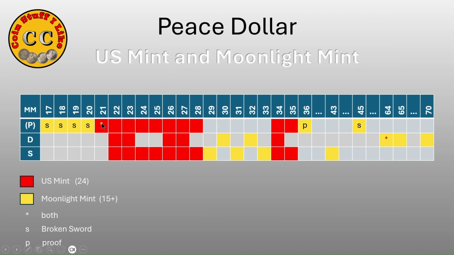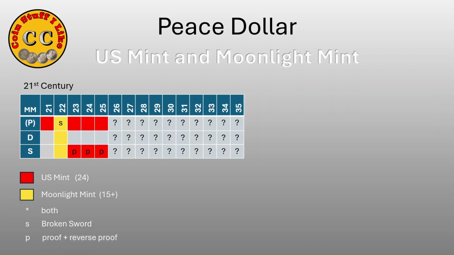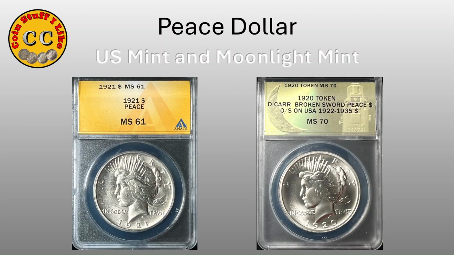We're going to get into specifics of these Broken Swords from Dan Carr, the specifics of all of these productions from the U.S. Mint, both historic as well as the modern. It's going to be fun for me because I have not searched my Peace dollars for VAMs.